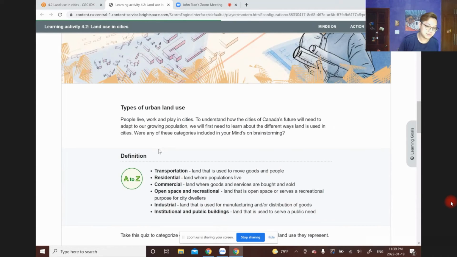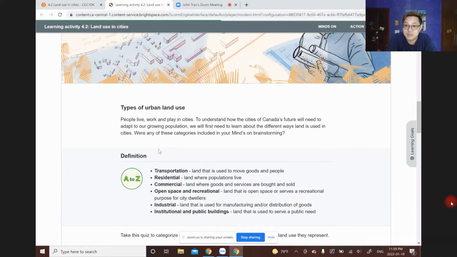Open space and recreational, places for leisure time, like parks, open space, stadiums, recreational clubs, bars, entertainment, recreational centers, football courts, tennis courts, things like that.